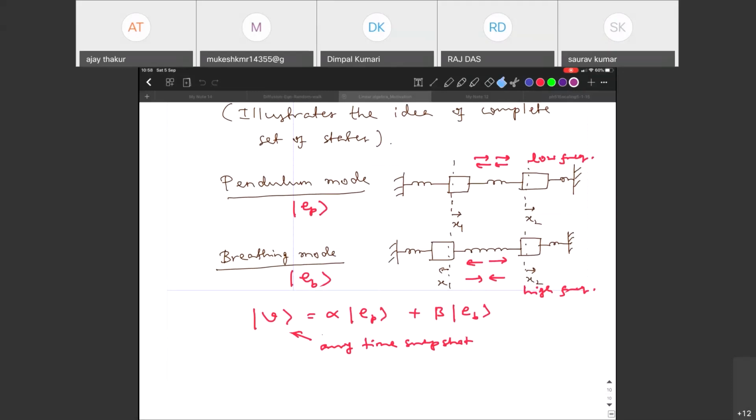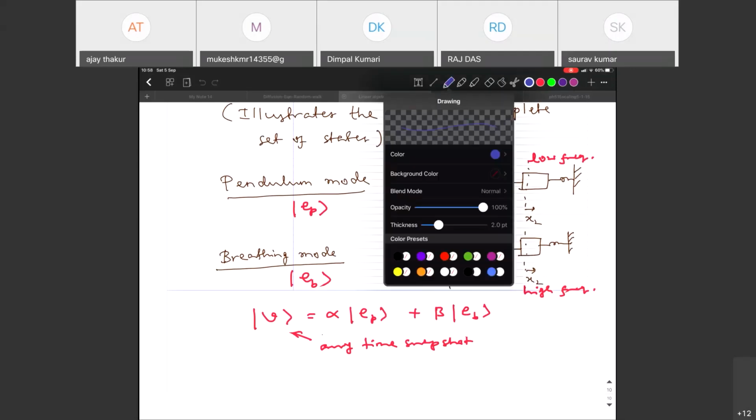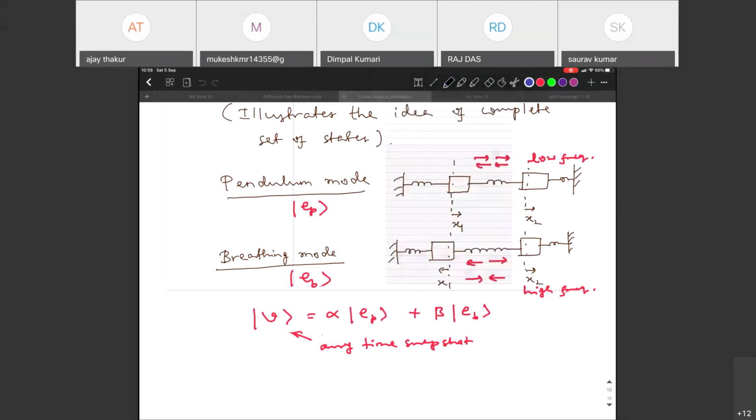So suppose I am just drawing a picture here, corresponding to whatever is already drawn here, like suppose I now draw a scenario in a manner that this was our dashed line and this was our dashed line, right?